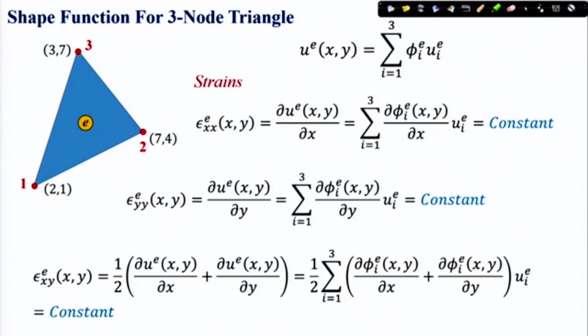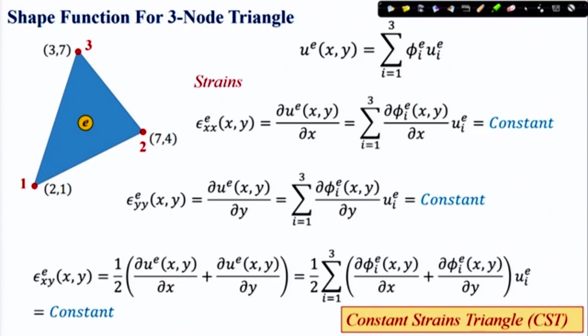This is a very important observation. It means that within this element our strain is constant, and that's why this element is called the constant strain triangle, or CST. So this is how the shape function can be constructed for the most basic element in 2 dimensions.